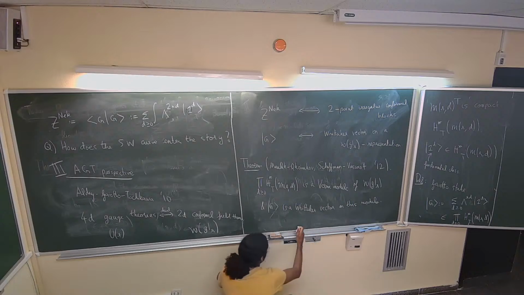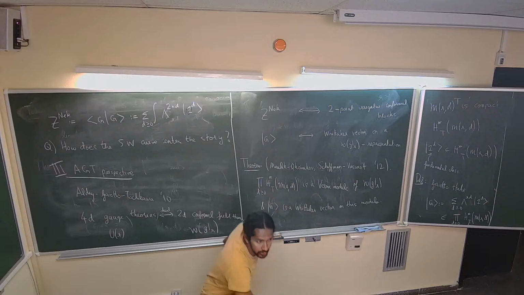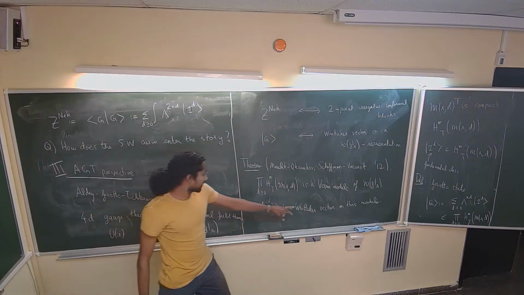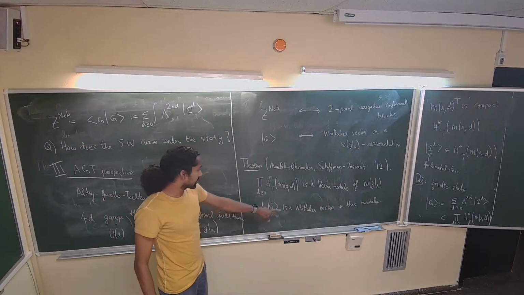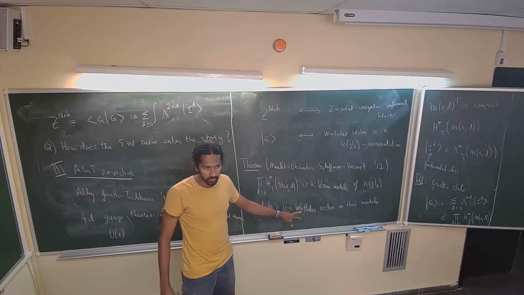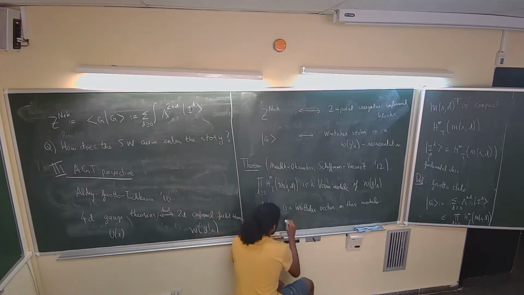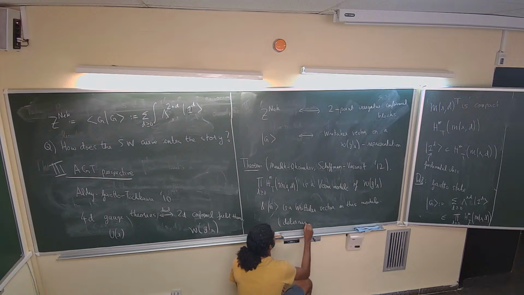It's a bit more specific than what I'm writing down here. What I really want to say is that it's a specific vector in this module, and the conditions of being a Whittaker vector determine it uniquely.